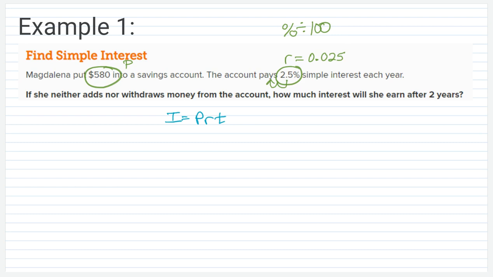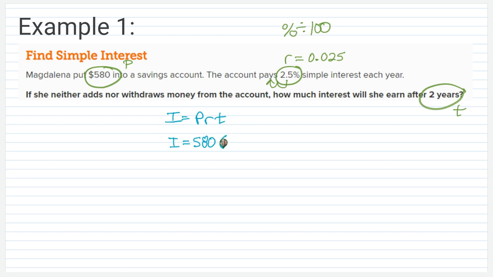And then how much interest will she earn after 2 years is what's asked in that question. And so 2 years is our time, and it's already in years, so we don't have to worry about doing any special conversion there. So now that we've identified 3 out of the 4 variables, we're solving again for interest. We just plug in what we just identified. The principal was $580. Again, that was the amount that I initially invested into my account.